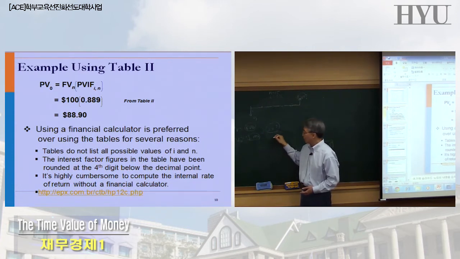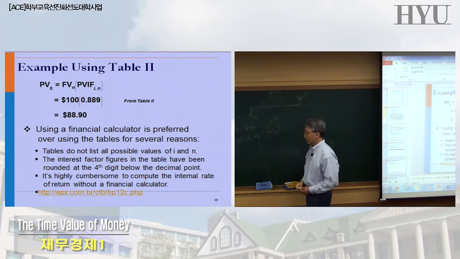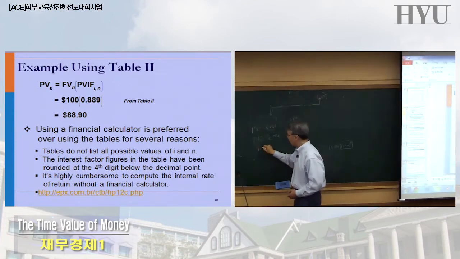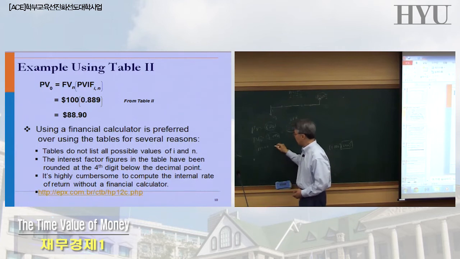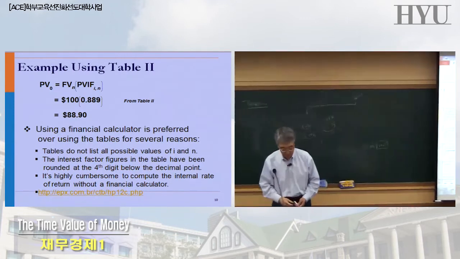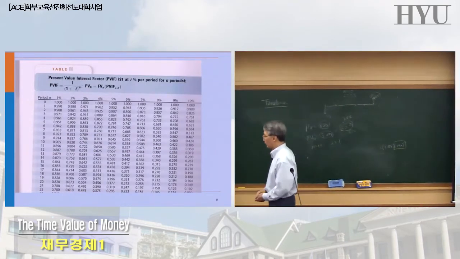This is what we call internal rate of return, IRR. You should be able to calculate the interest rate using present value, future value, and number of periods. But you can't do that using this table.